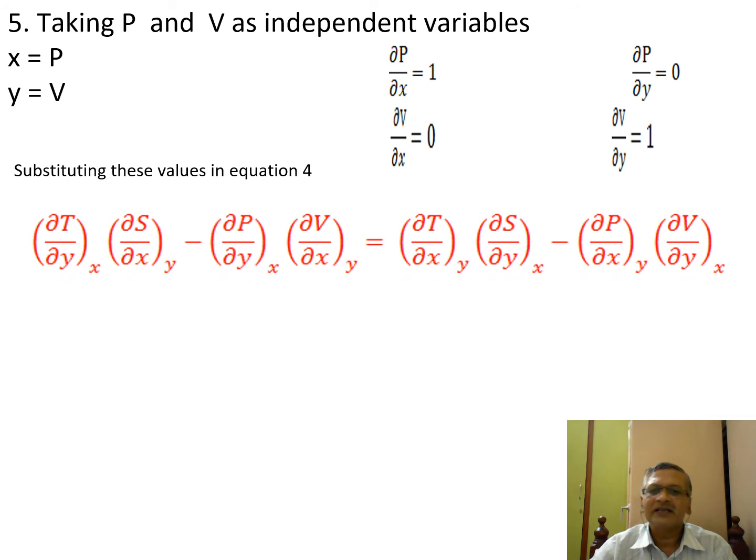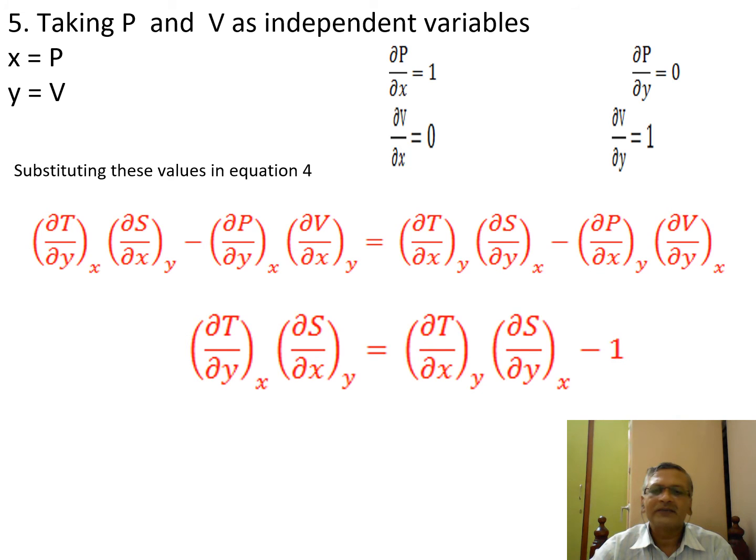Substituting in the generalized thermodynamical equation, we get it like this. The first term, dou P upon dou y keeping x constant, into dou S upon dou x keeping y constant, has no term in the values. Minus dou P upon dou y is 0, therefore 0 into the second term, 0 into dou V upon dou x is 0, therefore no term, only one LHS term.